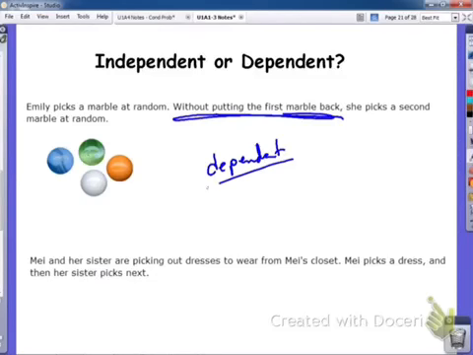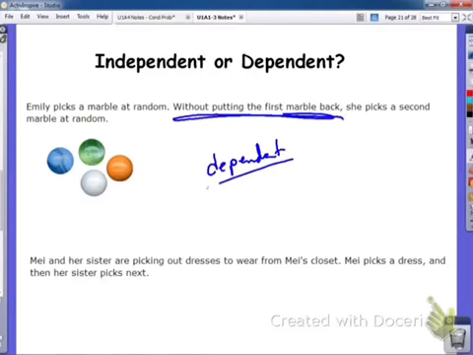You say independent? JC, do you agree or disagree? So you disagree. Okay, I've got one vote for independent, one vote for dependent. What do you say, Zach? Dependent.